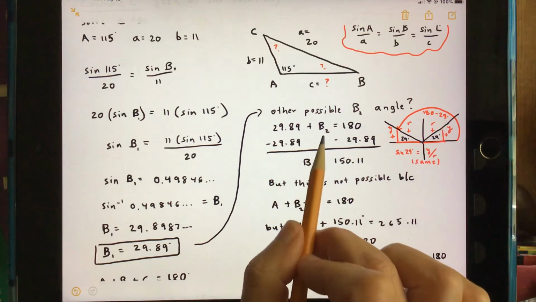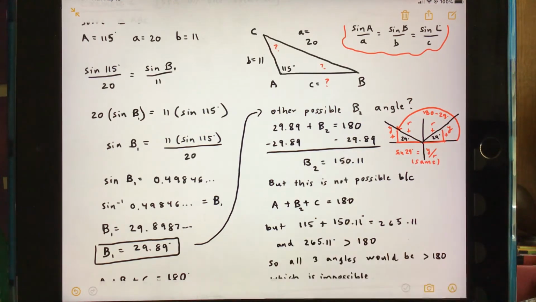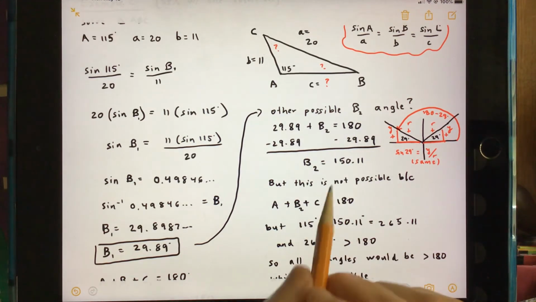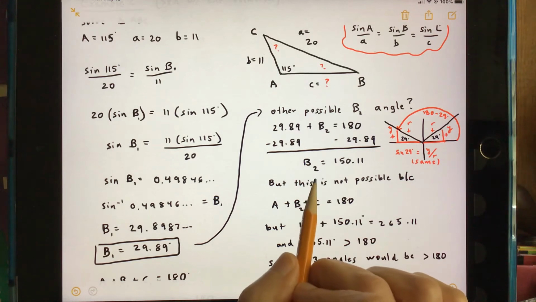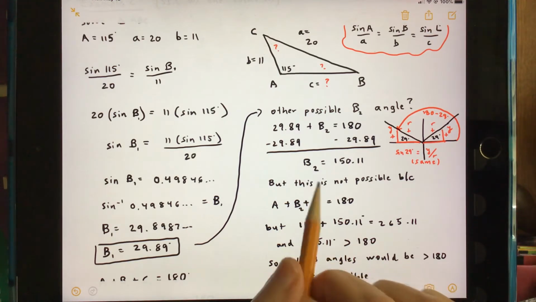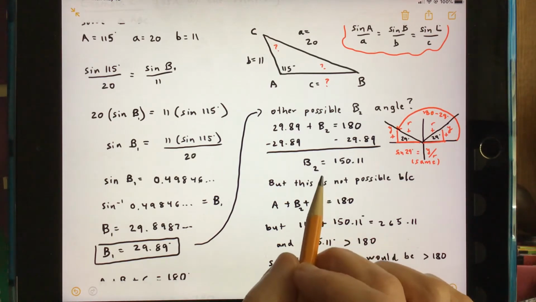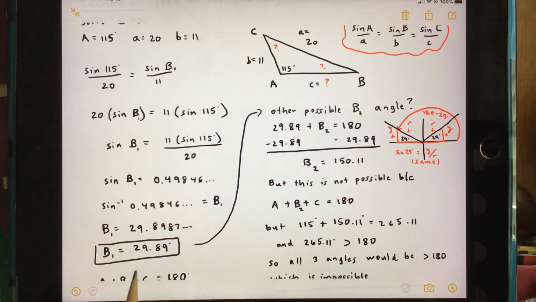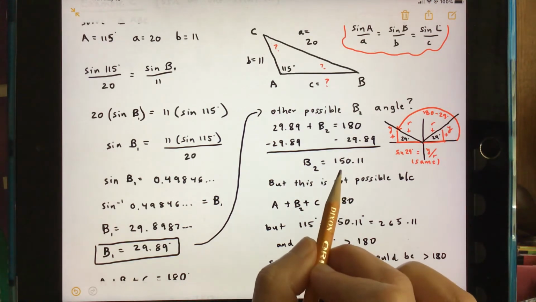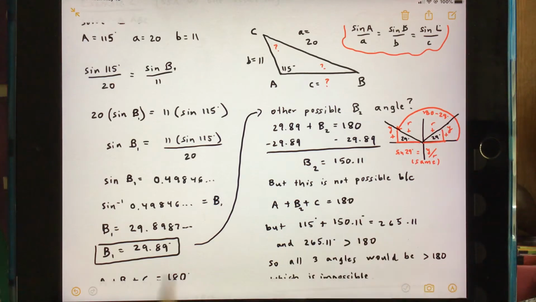So 29.89 plus B2 is 180, or 180 minus 29.89 gives me another possible angle measurement for B2 because it also has the same sine as 29.89. Both 150.11 when you take the sine of that angle and when you take the sine of 29.89 give you exactly the same answer.